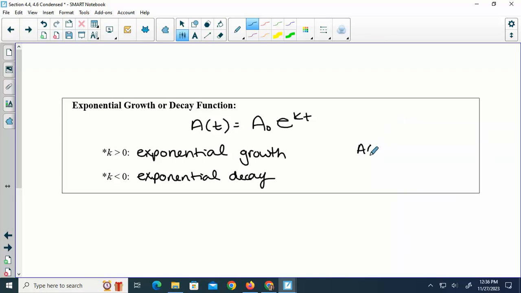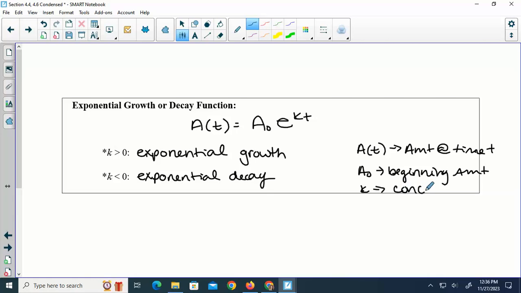So just to recap, A of t is the amount at time t. A sub 0 is the beginning amount. K is some constant, and we have to have that value. And t is the time that has passed.